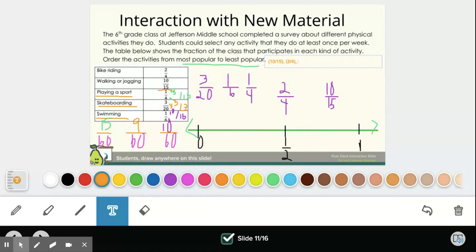Next, we have 1 over 4, which is playing a sport. And then next is 1 over 6, which is swimming. And then the least popular activity is the skateboarding, which is 3 over 20.